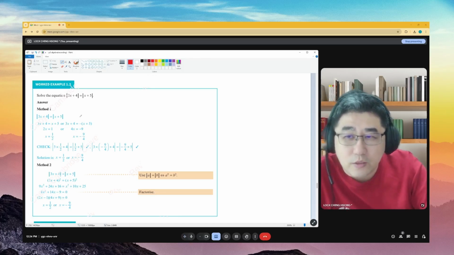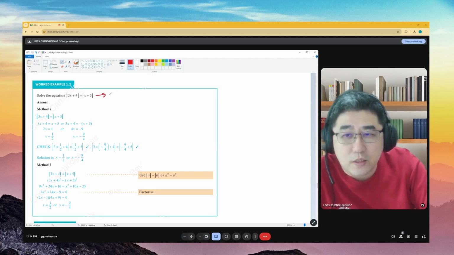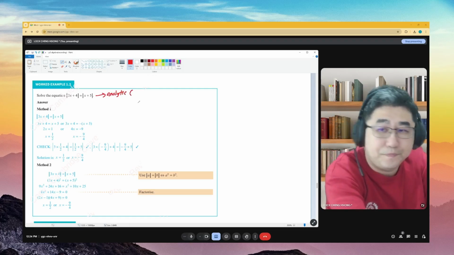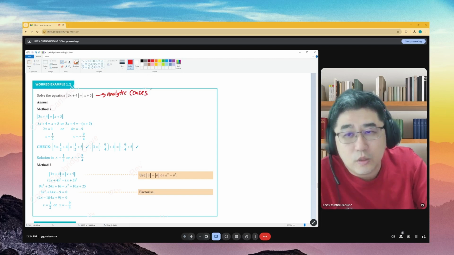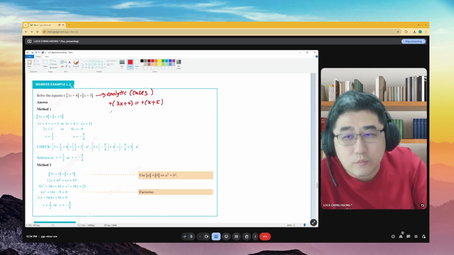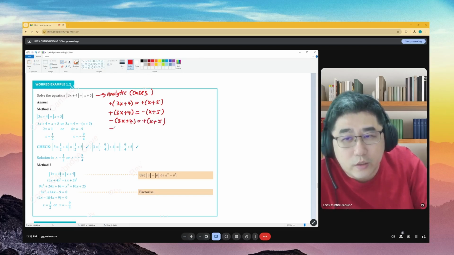If you do the analytic method, we can split into cases. We will have a possible positive of 3x + 4 equals positive of x + 5, positive of 3x + 4 equals negative of x + 5, or negative of 3x + 4 equals positive of x + 5, and negative of 3x + 4 equals negative of x + 5.